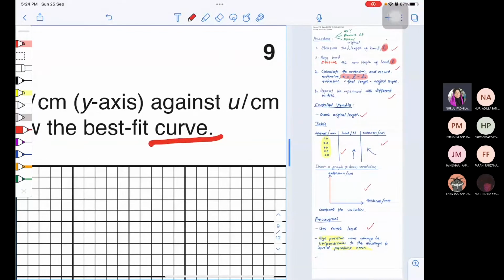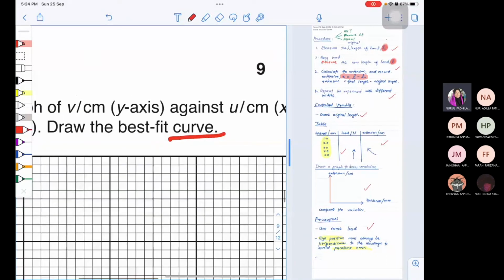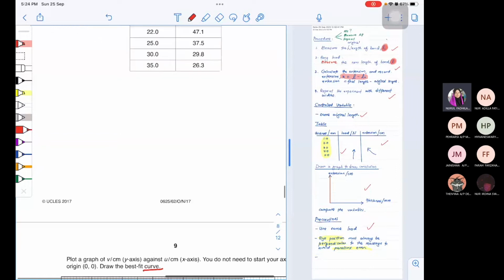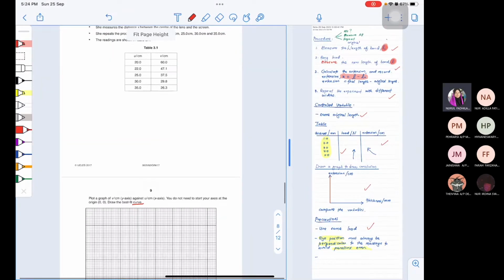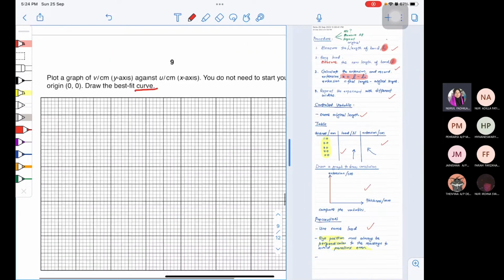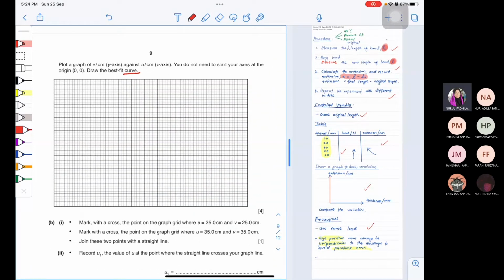Have you ever drawn a curve? Don't assume it's just a straight line. So where is the U? U is the x-axis, here with unit cm, and then V in cm.